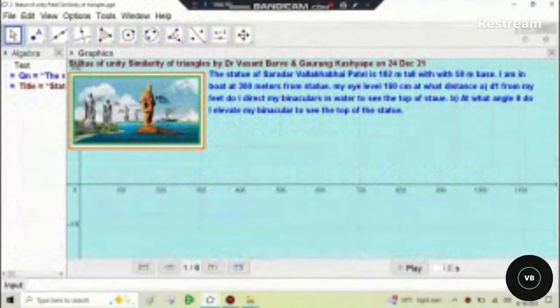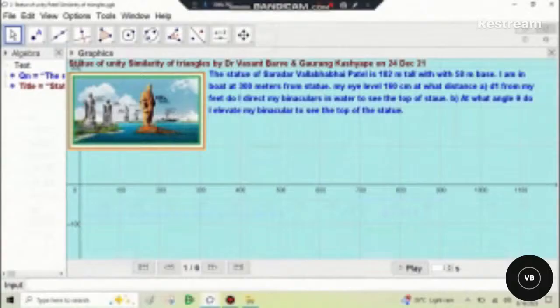Let us study one more problem of trigonometry application of 10th standard. I have chosen or made this problem for Statue of Unity.